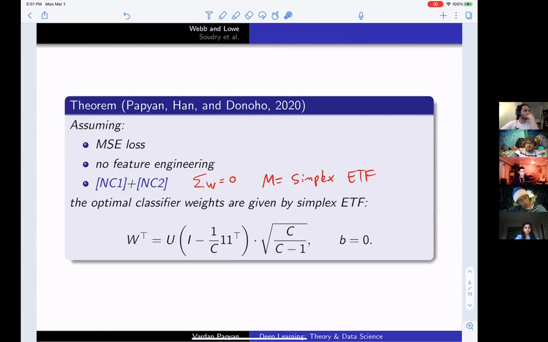And what I'm saying here is that neural collapse is a more specific case of just assuming that you have an optimal classifier at the top layer. It's a very specific case that emerges if you have within class covariance 0 and if the means are the simplex ETF.